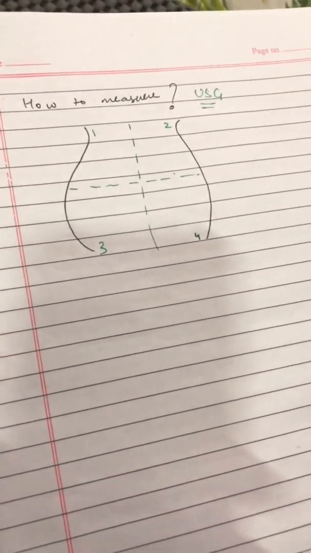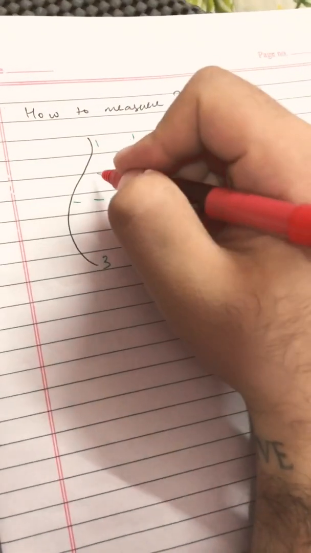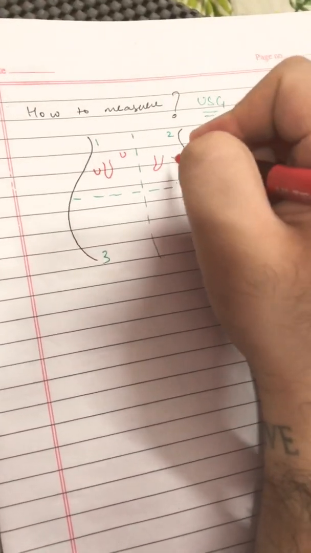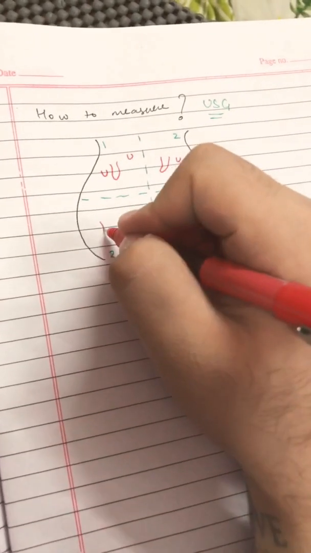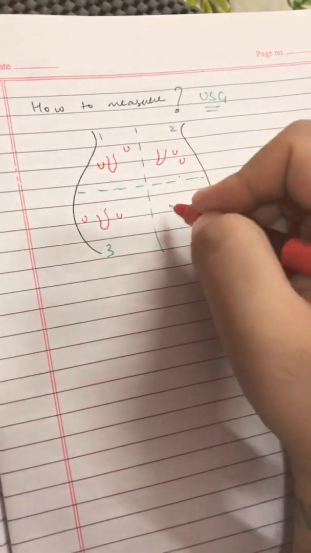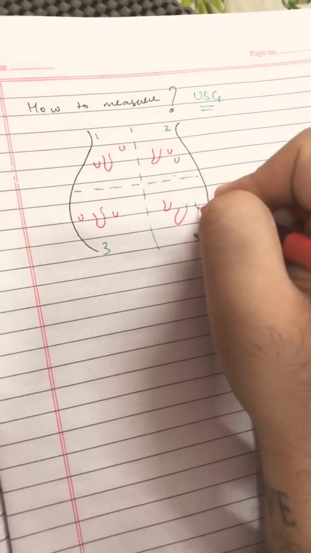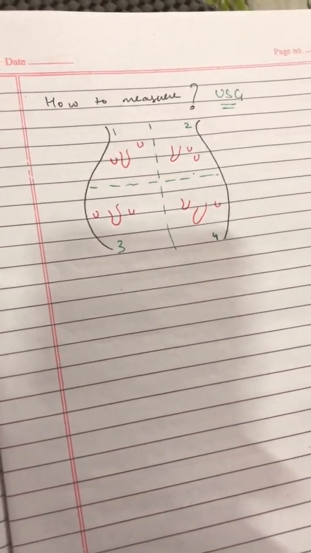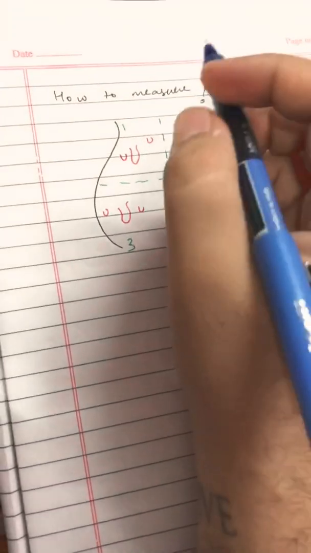On ultrasound you are going to see small pockets. These pockets contain amniotic fluid. In every quadrant there's a large pocket and the rest are small pockets. Let's name these large pockets: this is A, this is B, this is C, and this is D.